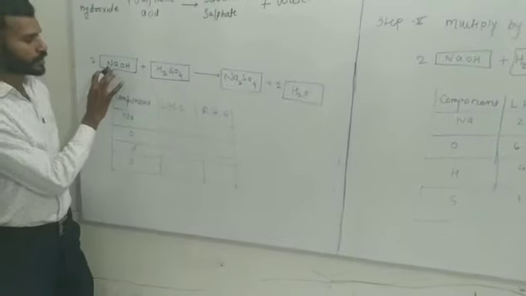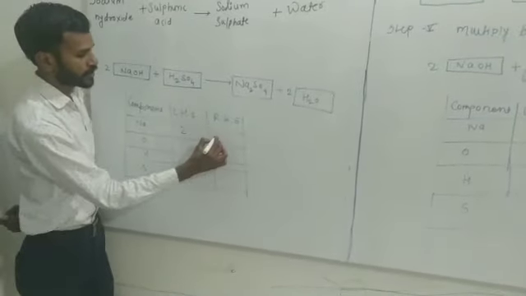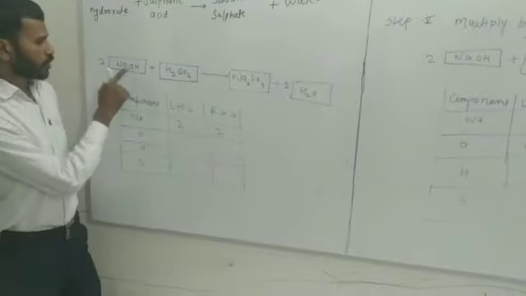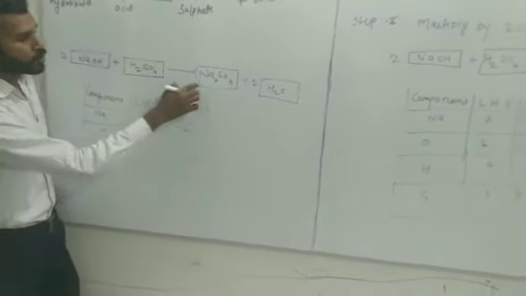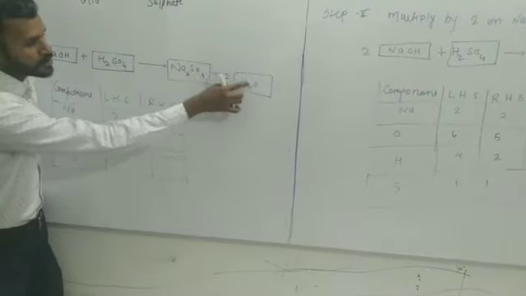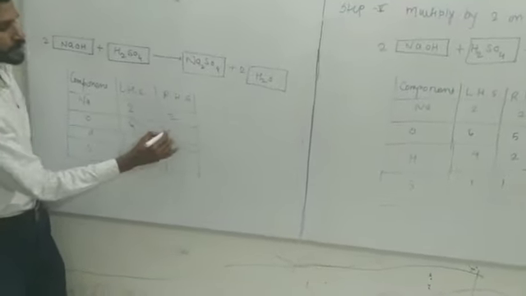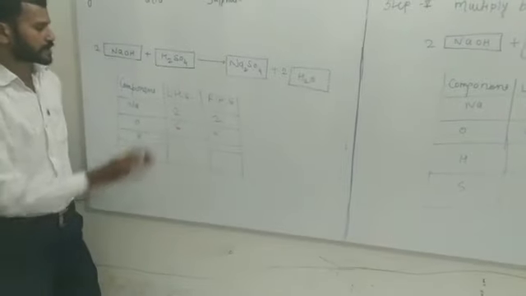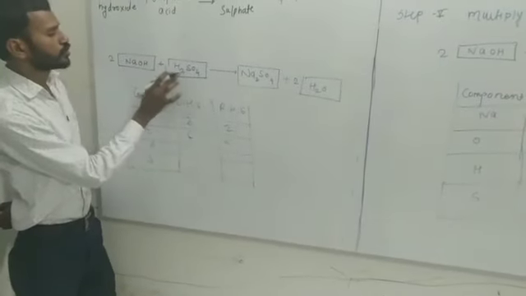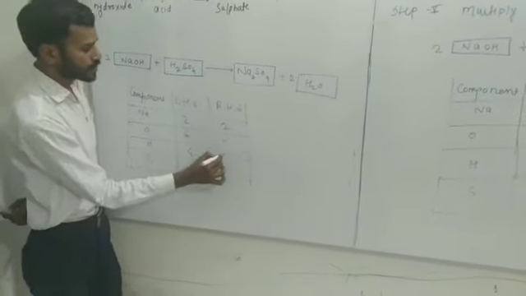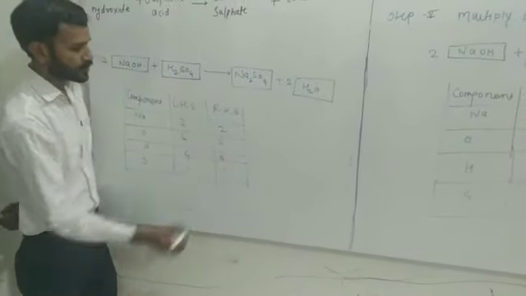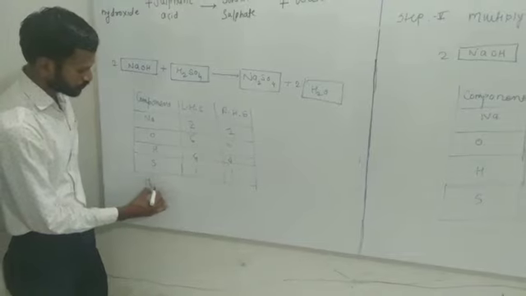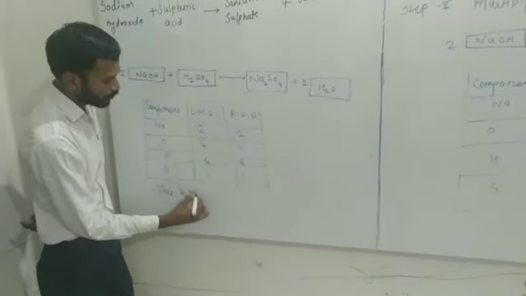How many sodium atoms? 2, and again 2 on the RHS. Oxygen: 2 plus 4 is 6, and on the RHS 4 and 2 is also 6, so it is balanced. Hydrogen: 2 plus 2 is 4, and on the RHS 2 plus 2 is again 4. Sulfur: 1 and 1. This is the balanced chemical equation.